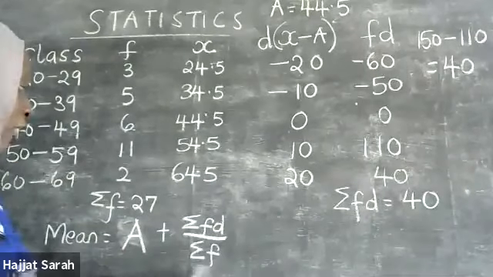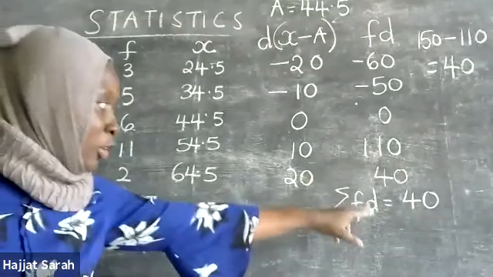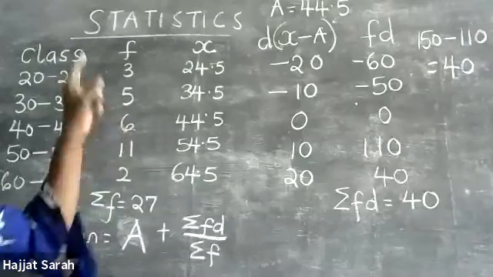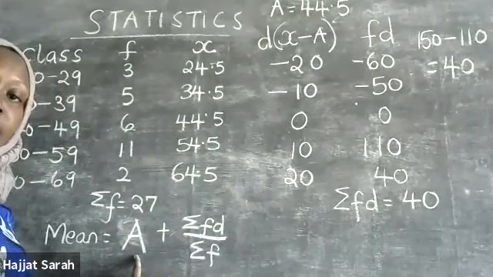We don't put everything under a common denominator. First, get your summation of FD, divide it by your summation of F. Whatever you get is what you add to A. Is that okay?